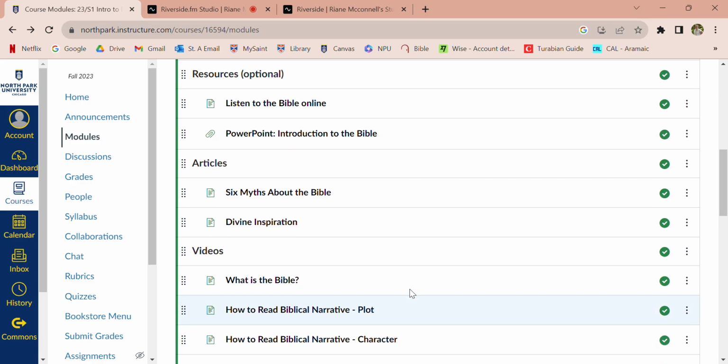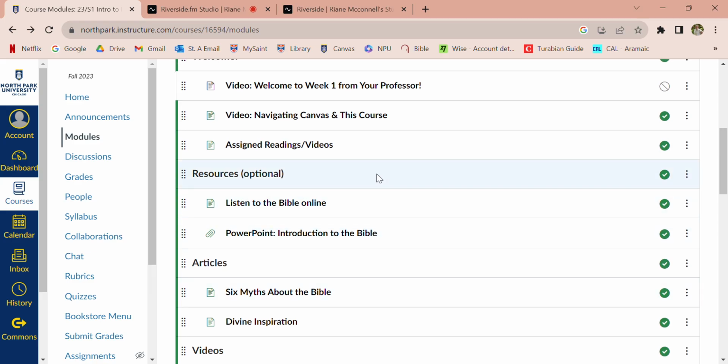One other thing I want to point out is the optional resources. Everything under the week pages is required except where I say optional. Among the optional pieces, I've included a PowerPoint from my Intro to Bible class that I teach on campus. It's not comprehensive, because I often use my PowerPoints as a visual aid to what I'm lecturing on.